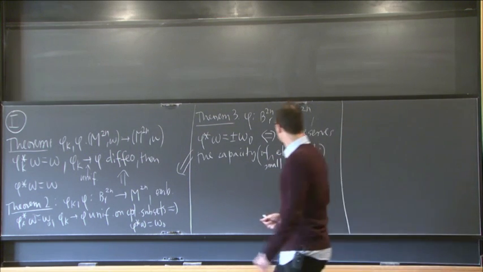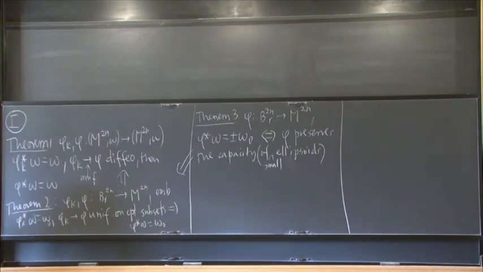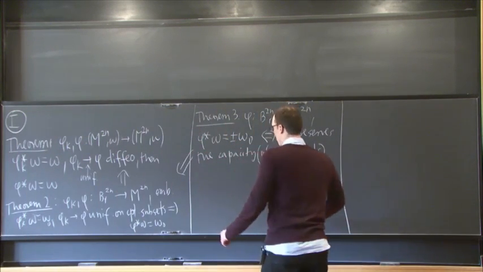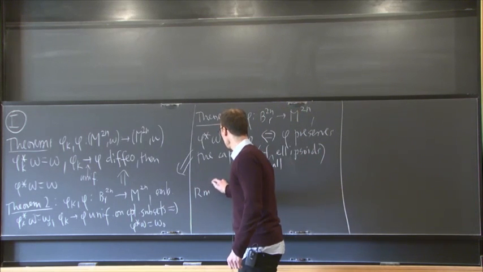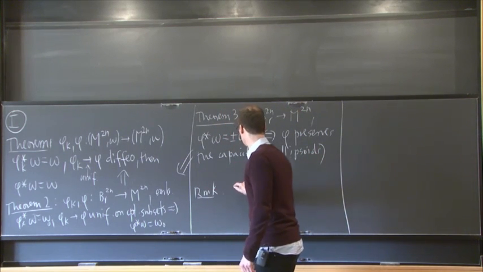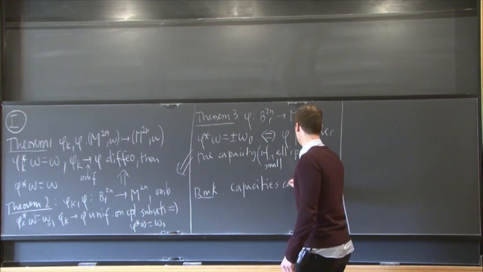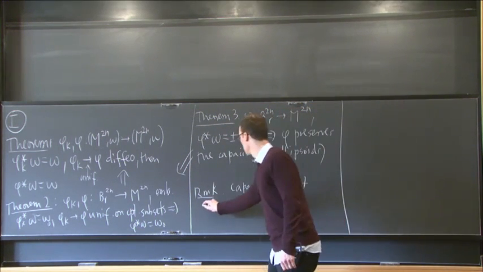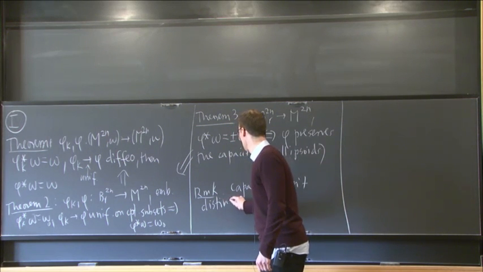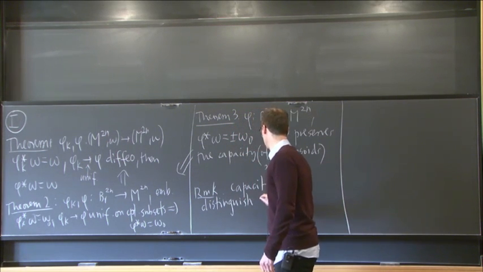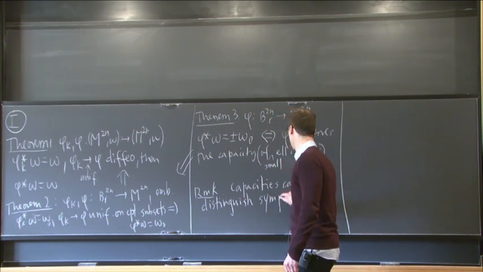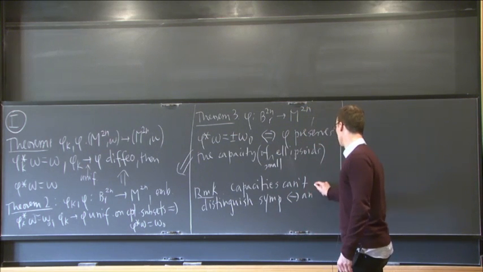And I guess my first remark, and that's kind of important later, is that these capacities can't distinguish symplectic and anti-symplectic.